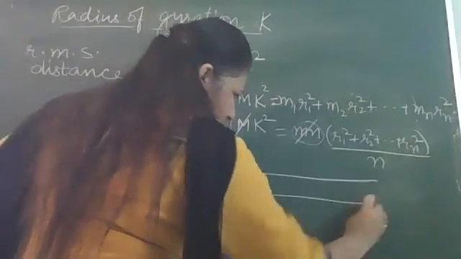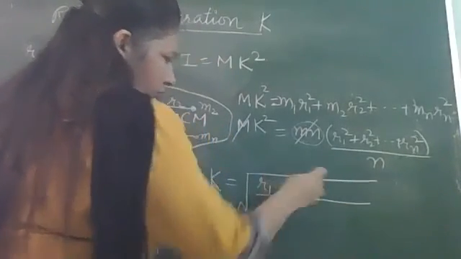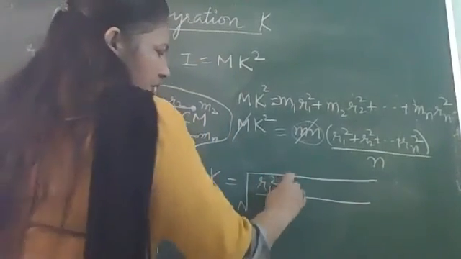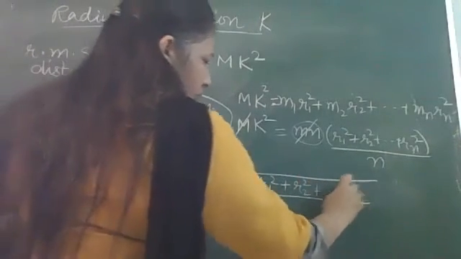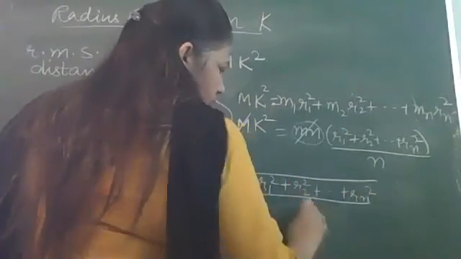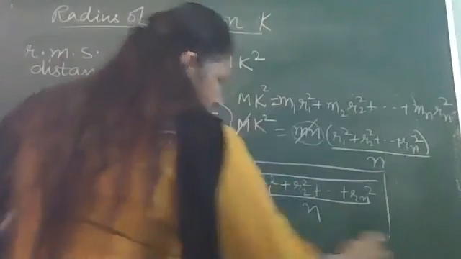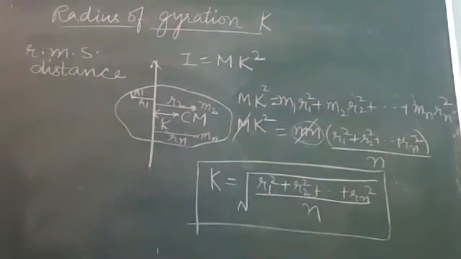Yes, it is the square root of the mean of their squares. That is why it is called the root mean square distance of all the particles from the axis of rotation. There are two definitions, whichever is suitable you can write.